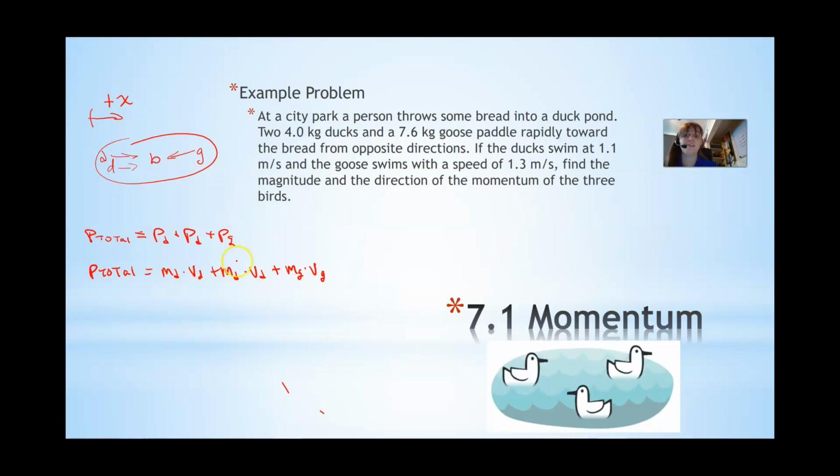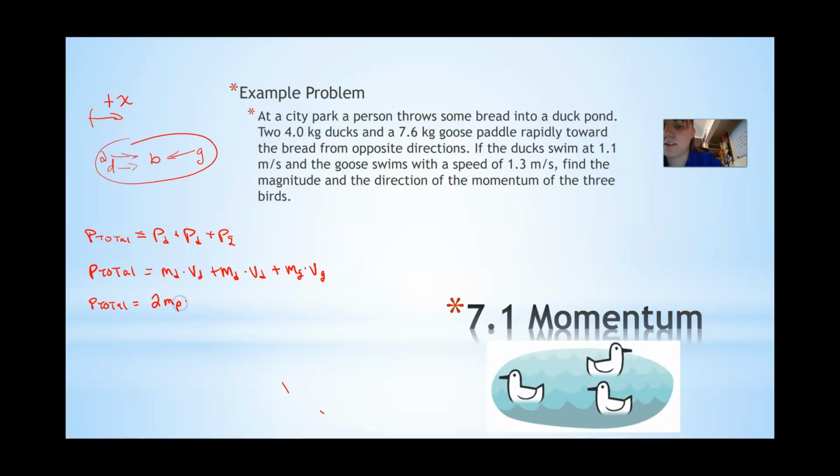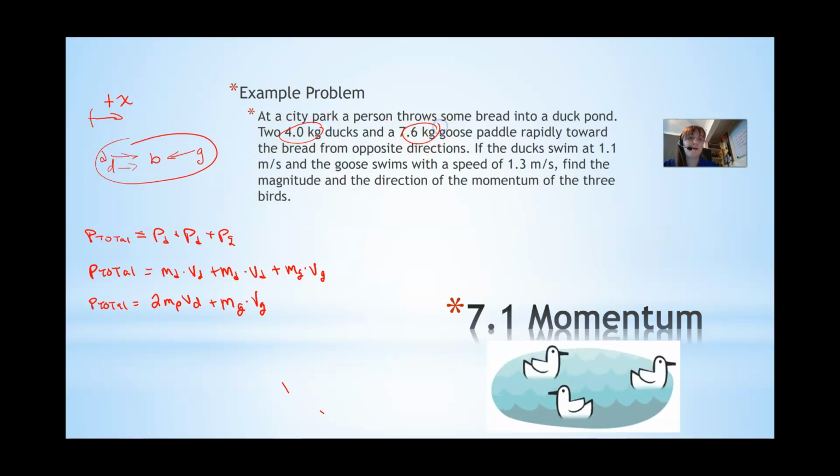All right. Because the 2 ducks are identical, we can combine those 2 terms, so I have 2 times the momentum of the duck. We have everything else that's going to be in our problem: the masses of our ducks, the mass of our goose, the velocity of our duck and the velocity of our goose. We're going to plug that information into the equation.